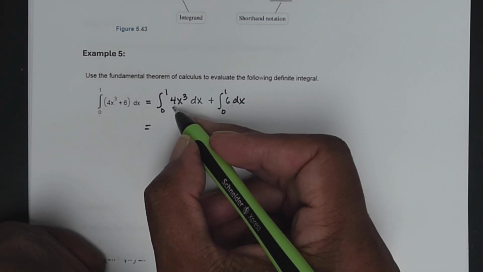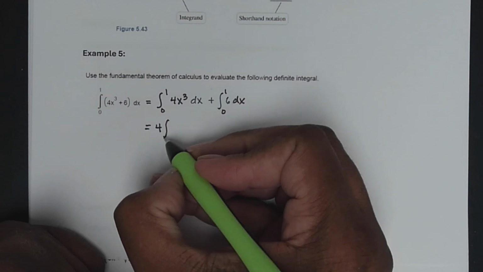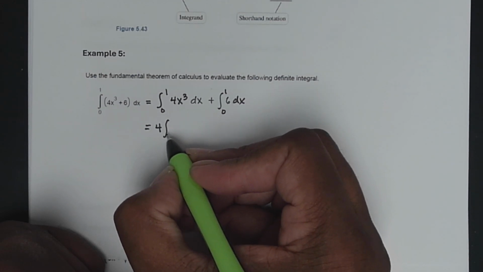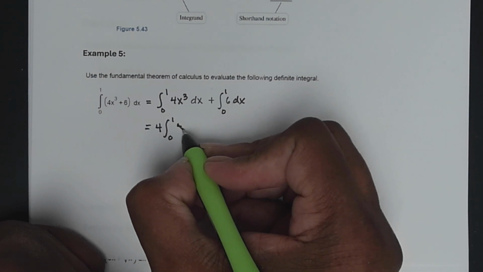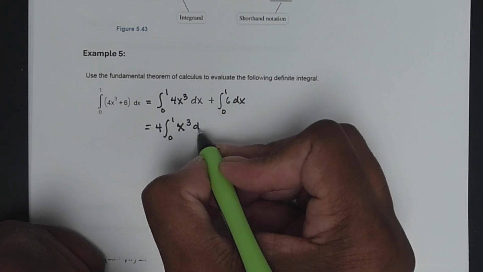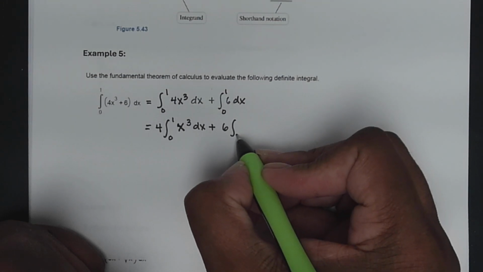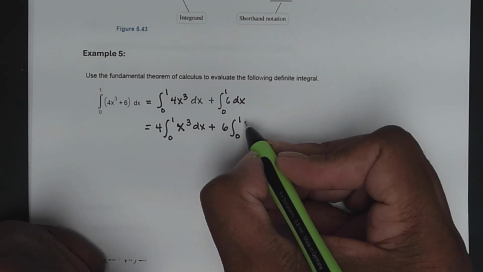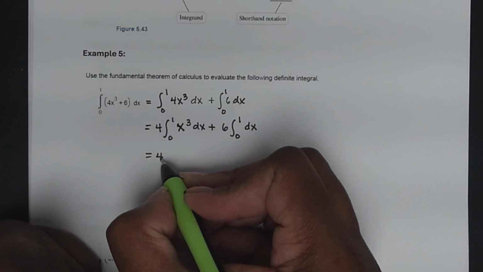Now that 4 is my coefficient for x cubed, I can pull it out in front of the integral sign, so it'll be 4 times the integral from 0 to 1 of x cubed dx plus, and if I want to, I can pull the 6 out in front, so it'll be 6 times the integral from 0 to 1 of dx. Now, bring down the 4.